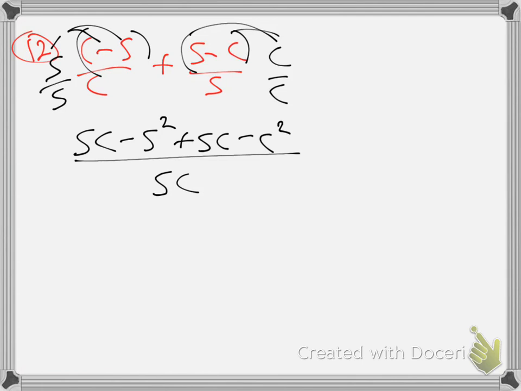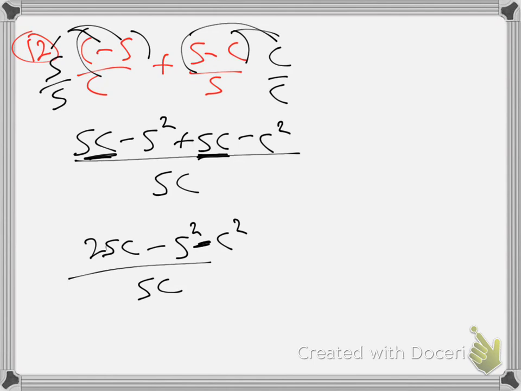Going too fast? Is that good to there? It's all good. Sine cosine plus sine cosine, like terms, like algebra: 2 sine cosine minus sine squared minus cosine squared over sine cosine.